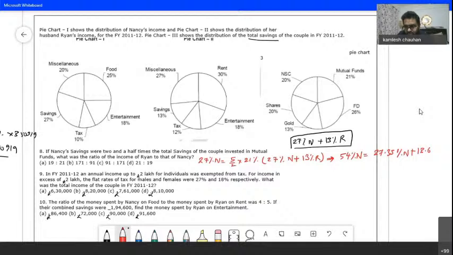Sorry, 13.65% of r. When we calculate, we'll take n on the one side, r on the other side. If you take n on the one side, you'll get 25.65% of n is equal to 13.65% of r. Percentage can be eliminated. So Ryan to Nancy, this is what I'll write: 2565 divided by 1365.